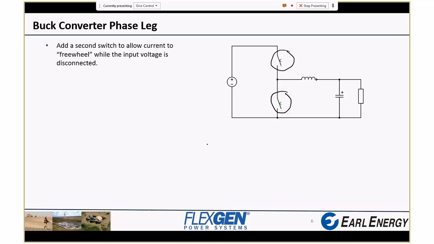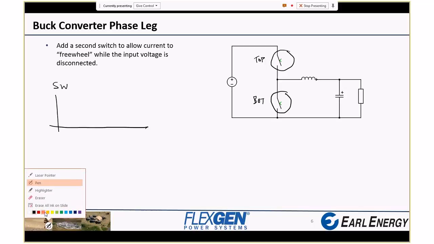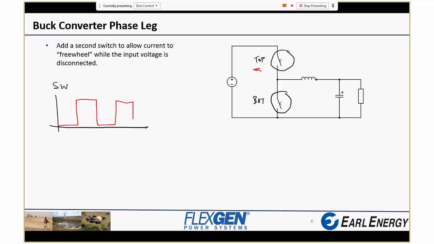So if we look at the switch waveforms, we're going to call this the top and bottom. The top switch turns on and off, doing the chopping work that we've been discussing this whole time.